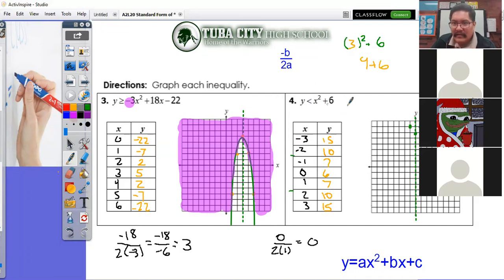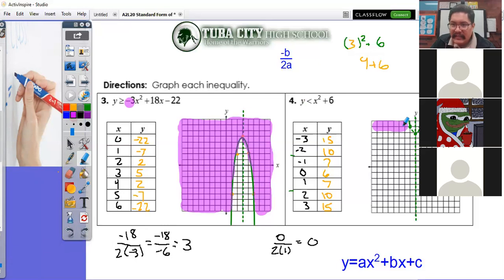But let's go ahead and graph it anyway. So we need a dashed line for this one. So dashed line again, because we don't have the or equal to. So we can't pick any area that's right on the graph. Here, I'm going to get the side that I need to shade it on, so it's facing away from the y.